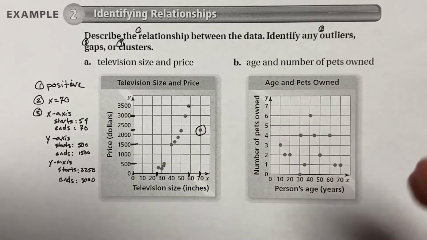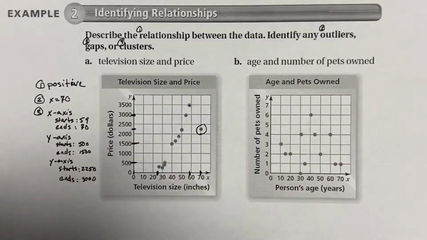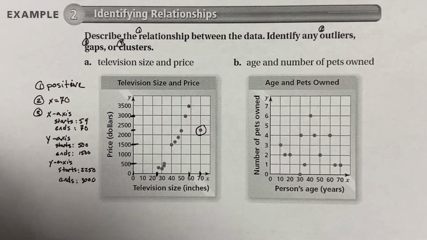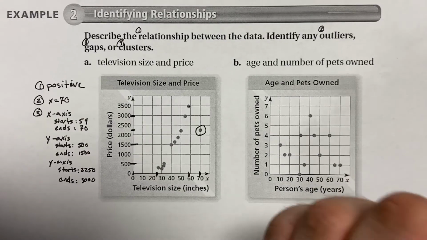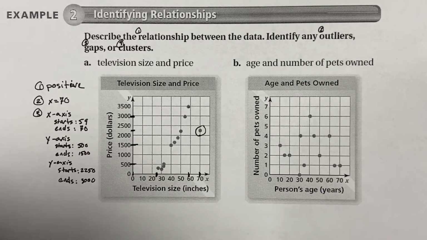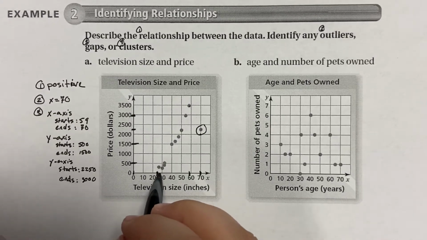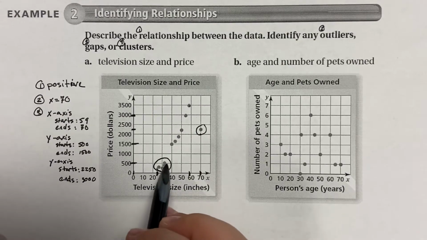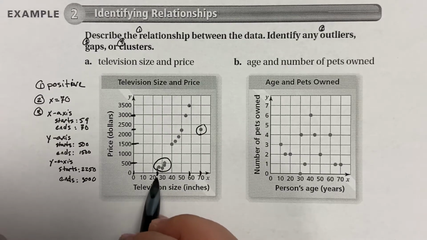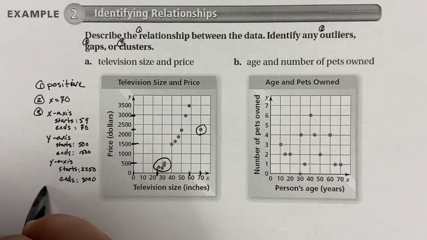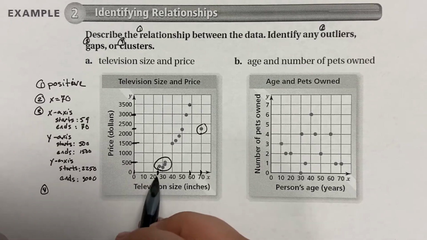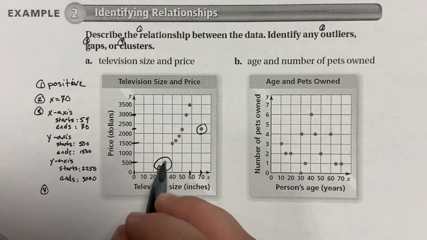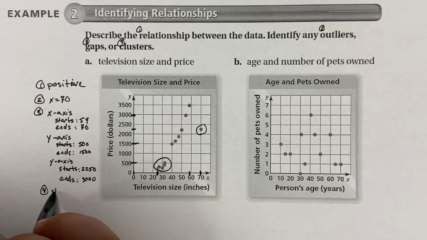All right, so the last thing we have are clusters. A cluster is a group that's so close together they're either touching or very well could be if they moved at all. So there is a cluster right here. And then I can list the coordinates. So there is a cluster that starts about 25 and ends about 32 on the x-axis.